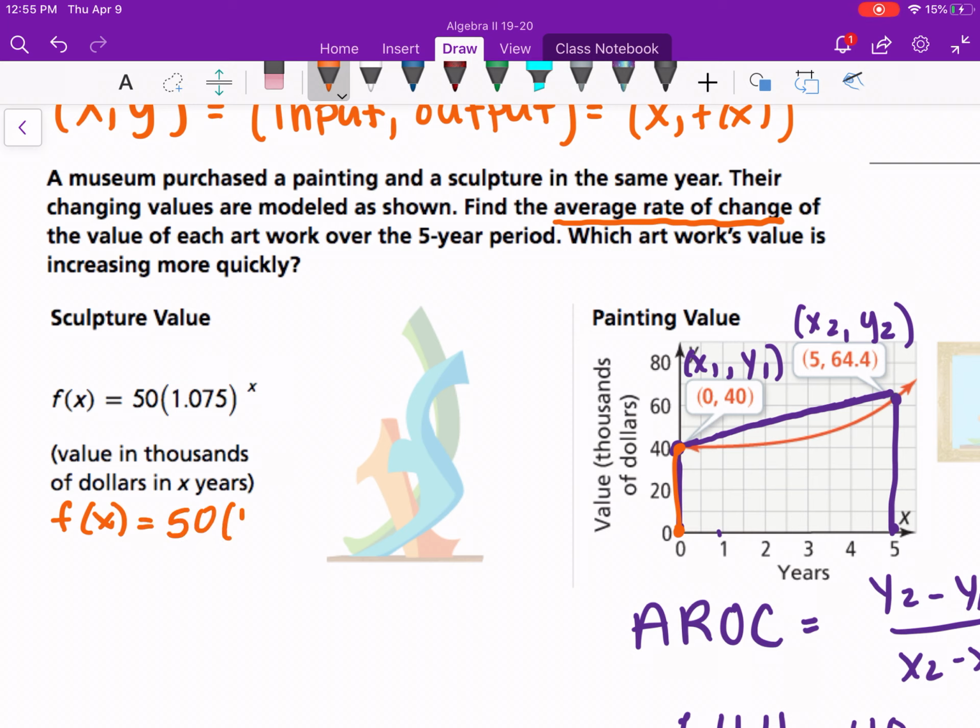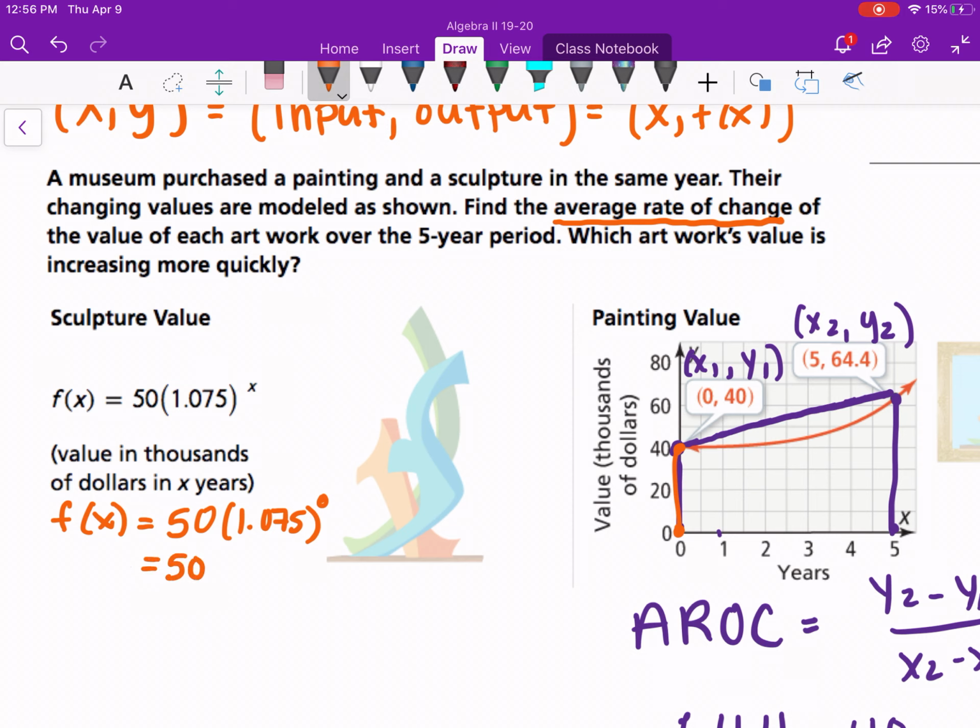So 1.075 times 0. So that means that when x equals 0, you could plug this into a calculator. Remember, TI-84, or Desmos or TI-84 software is available for you guys online. I plug this in and I'm going to get out 50.